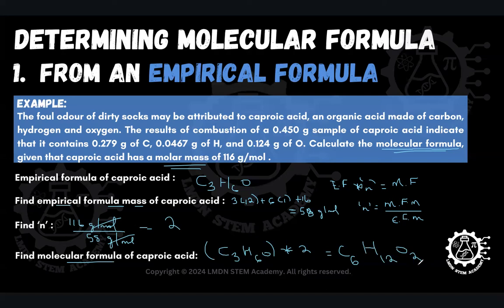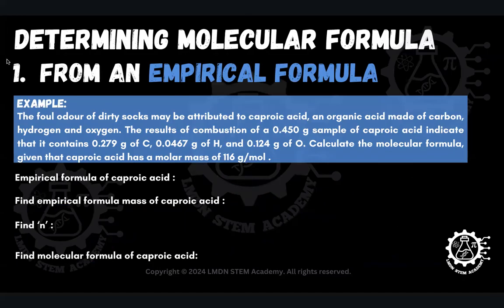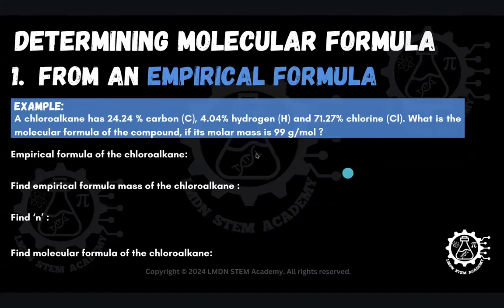Okay? All right. So let's take another example of this using an example that we did earlier, but just extending it. So here's another example here, right? We're looking at our chloroalkane again. We got the empirical formula from our previous work on this question, and we got that empirical formula to be CH2Cl, right? So what are we going to do first and foremost? We're going to find our empirical formula mass.